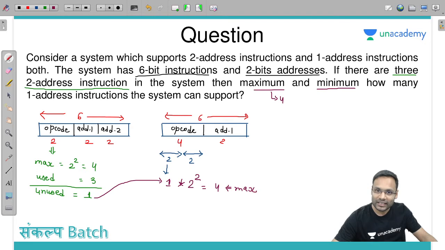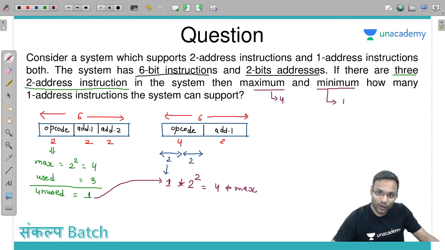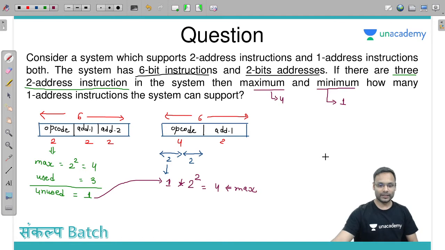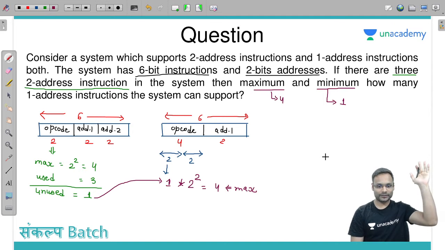Minimum, how many 1 address instructions you can have? बताओ. बोलो रे बोलो, कुछ तो बोलो. मिनिमम का आंसर तो बोलो. 1. मिनिमम इज 1. वाई? जस्ट बिकॉज आई टोल्ड यू कि कम से कम एक उस टाइप का इंस्ट्रक्शन तो होना ही होना चाहिए, नहीं तो वो टाइप सपोर्ट ही नहीं करेगा.